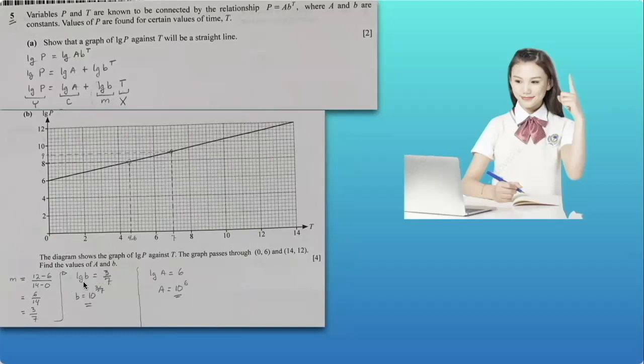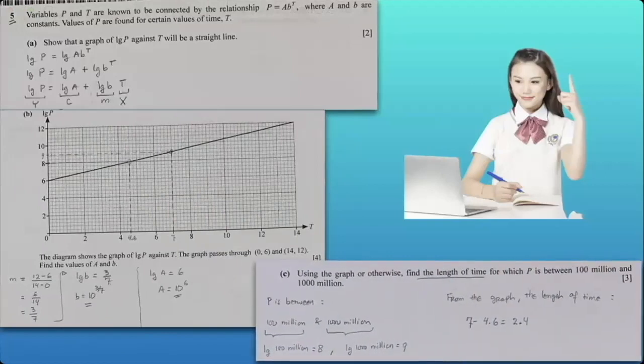Now b is equal to 10 to the power of 3/7. Next, we want to find a. So let's use log a, which is the y-intercept. So log a is equal to 6. Therefore, a is equal to 10^6.